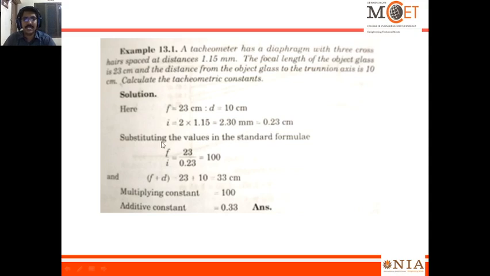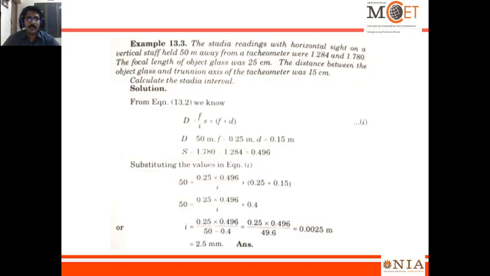This is for when they give the data of focal length, stadia intercept, staff intercept, like that, right? Next problem: the stadia readings with horizontal sight on a vertical staff held 50 meters away from a tachometer were 1.284 and 1.780. The focal length of the object glass was 25 centimeter. The distance between the object glass and the trunnion axis of the tachometer was 15 centimeter.